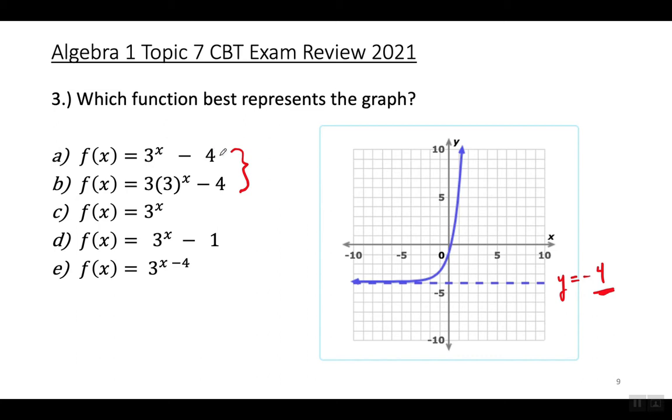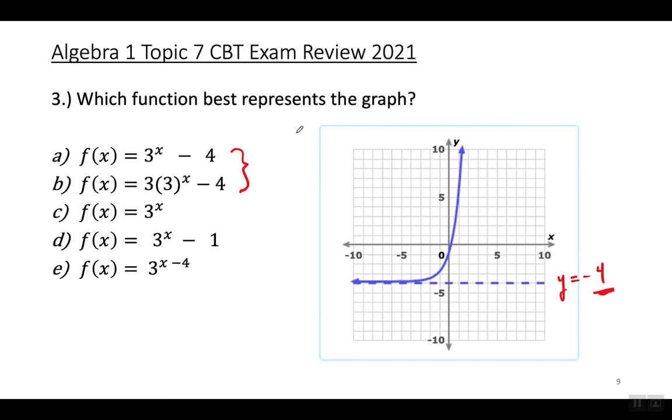Now, how could you figure out which one of these two it is? The best way is to substitute some easy numbers where x is and see if they match up with what's on the graph. For example, if x equals 0, what are you gonna get for y?